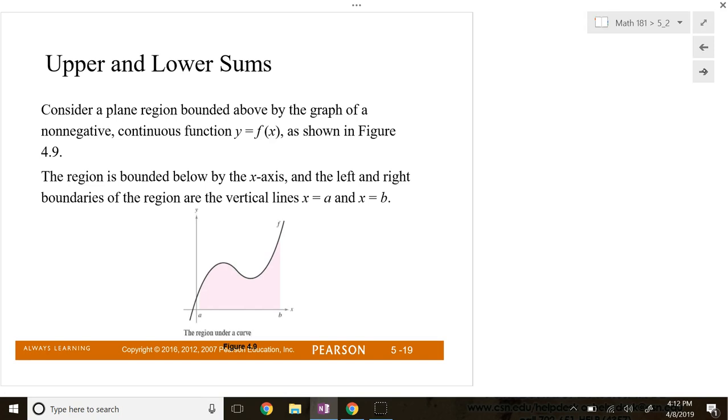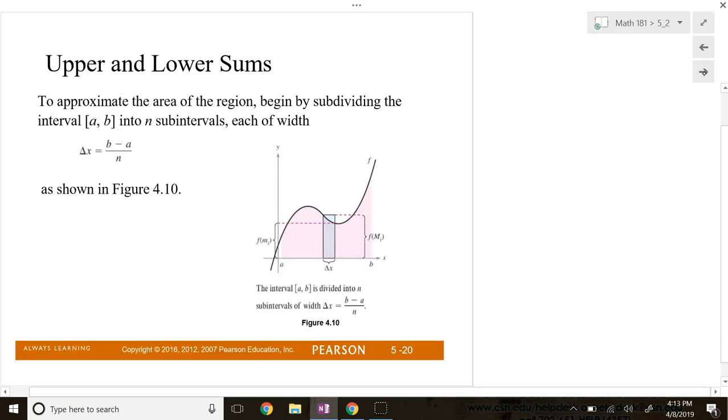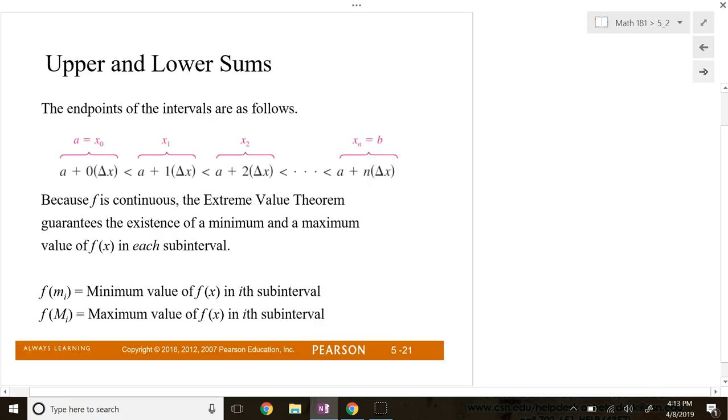Upper and lower sums here will simply be, if we can make this into an infinite amount of those rectangles, going from A to B. So the region is bounded by the x-axis and the curve from A to B. That would be our area. Right now we're just making a summation of all these rectangles, dividing that into n subintervals.